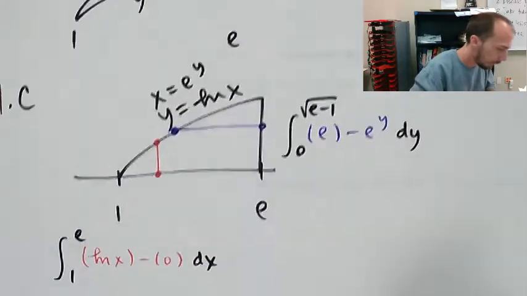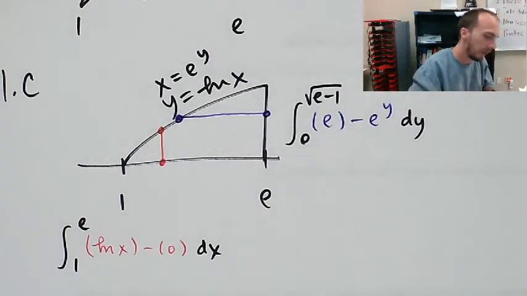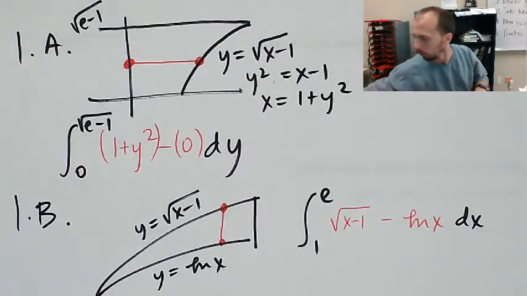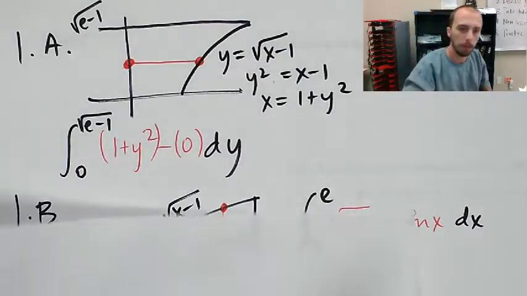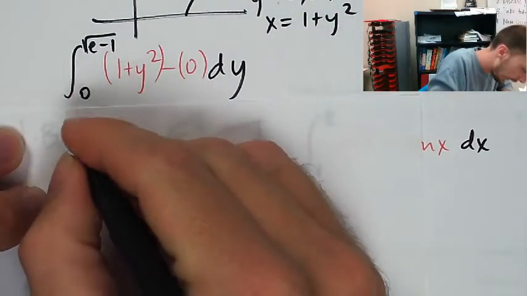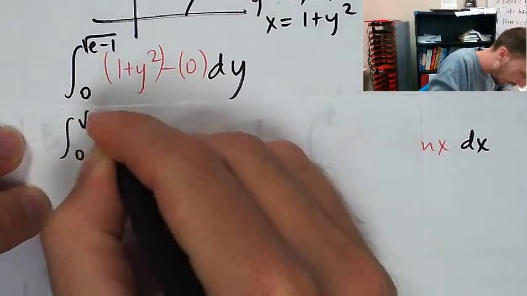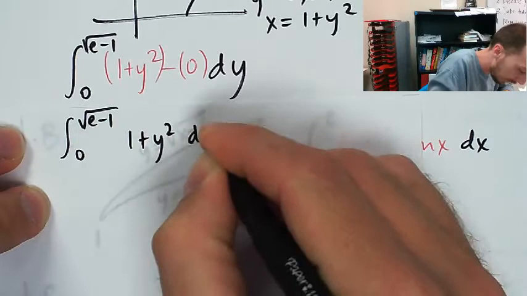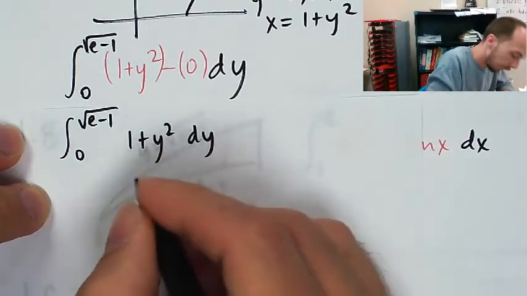Find the exact value of the area of region A. Well, I'm going to come back up here and use scratch paper. So now I've got the integral from 0 to the square root of e minus 1 of 1 plus y squared dy. So I find an antiderivative.